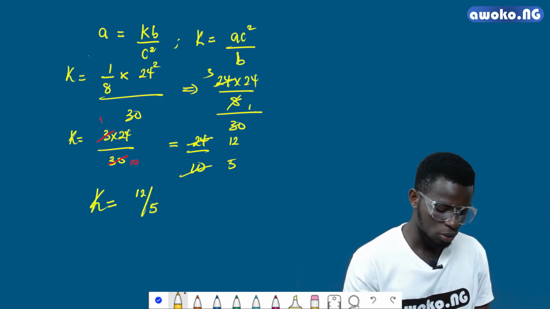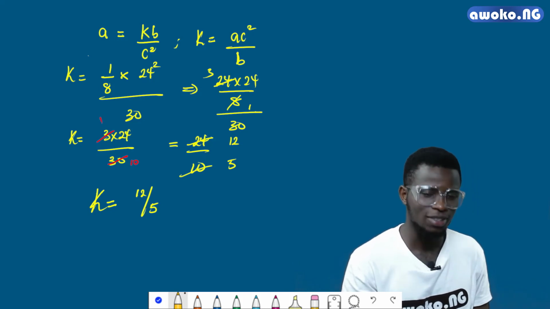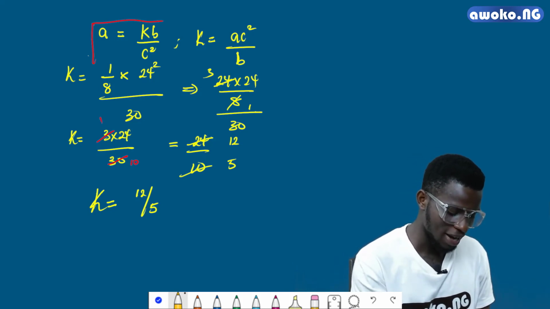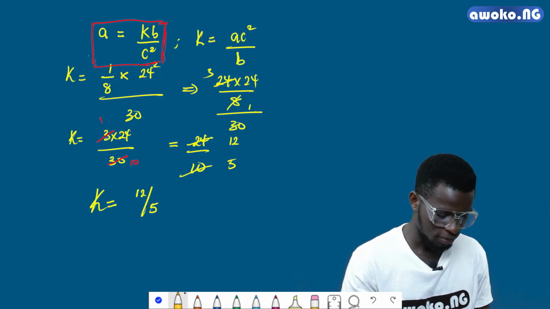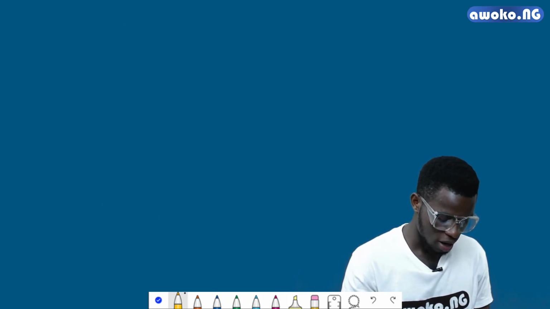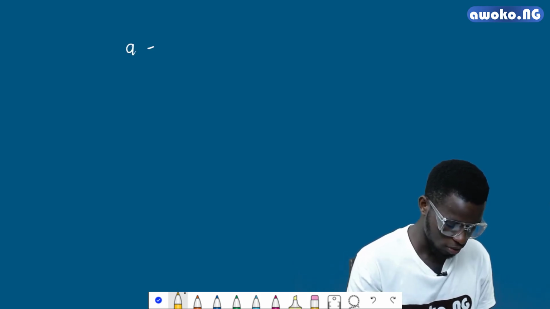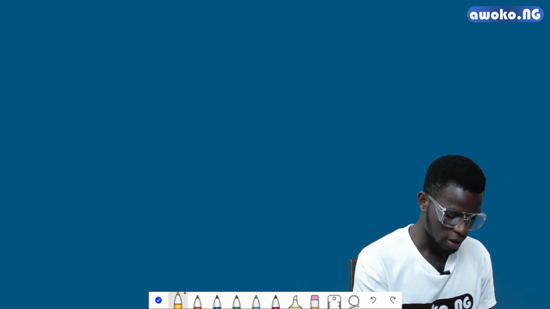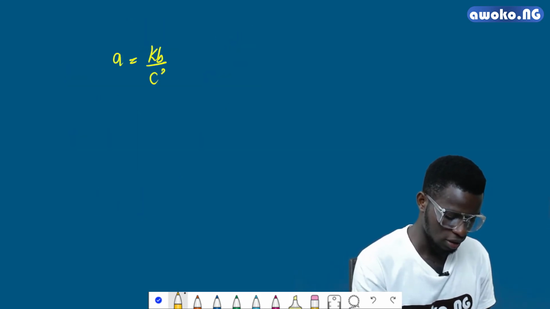If we now decide to put this value of K inside, which equation are we going to put it in? Your guess is as good as mine. You have to put it inside this so that we can obtain the subsequent values. So when we do that, we have A is equal to KB over C squared.